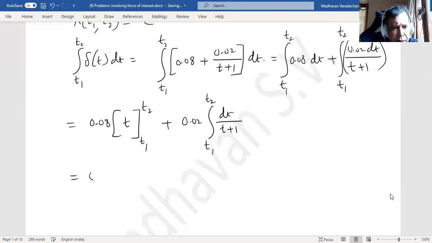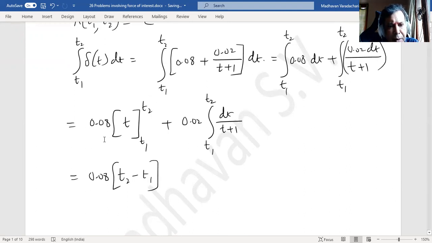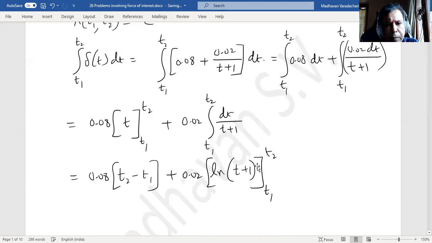The first is 0.08 times t2 minus t1, substituting the upper limit first and then subtracting the lower limit. Integrating 1 by t plus 1 dt gives the natural logarithm of t plus 1, with limits t1 to t2.